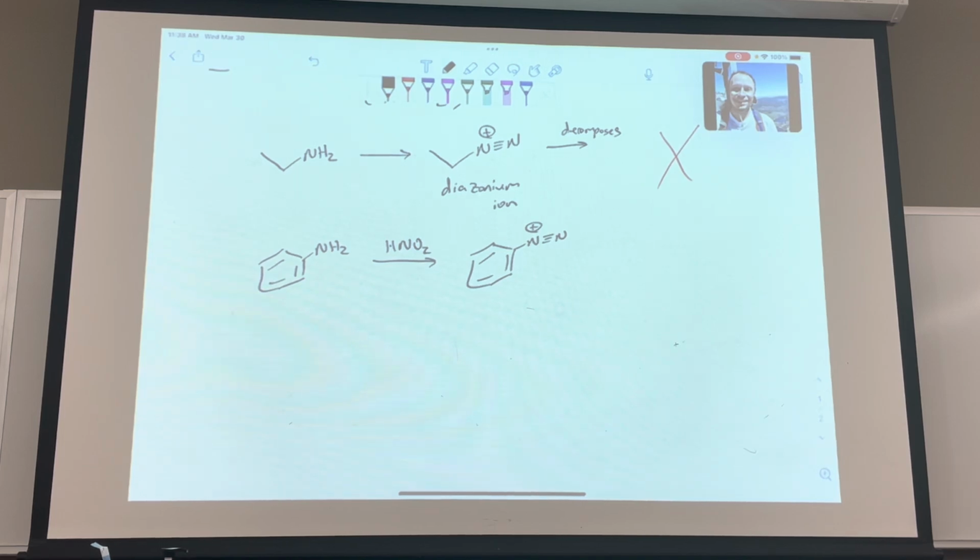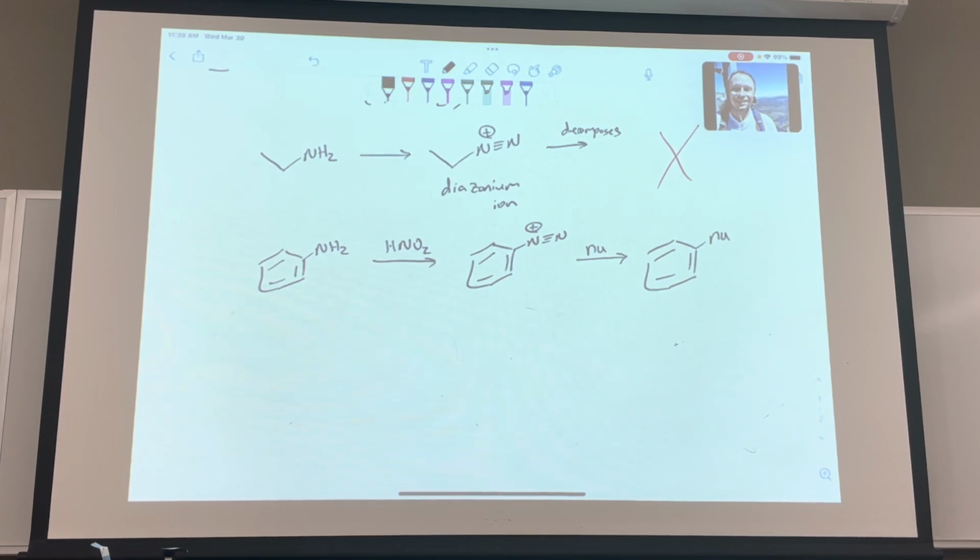So what you're going to see is we can throw a whole variety of nucleophiles at these aromatic diazoniums and end up substituting the benzene ring this way. And this is a really, really useful, versatile way of substituting benzenes.